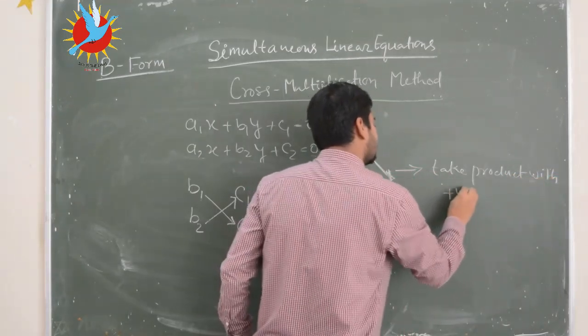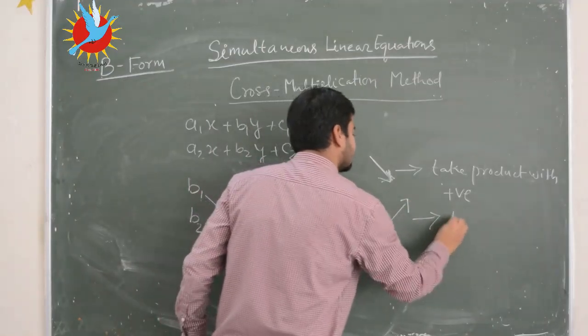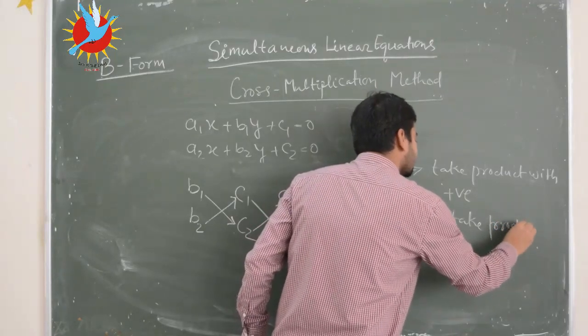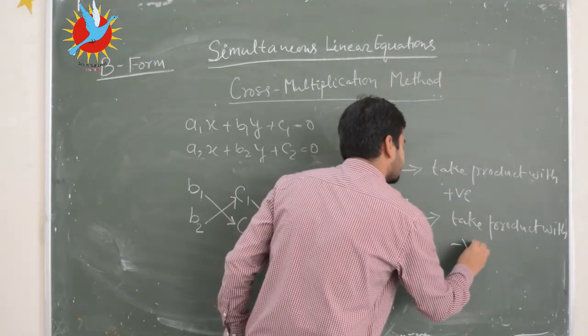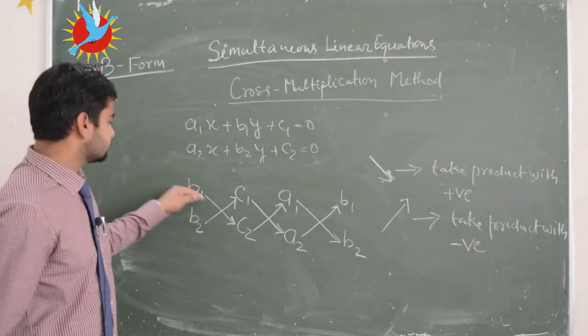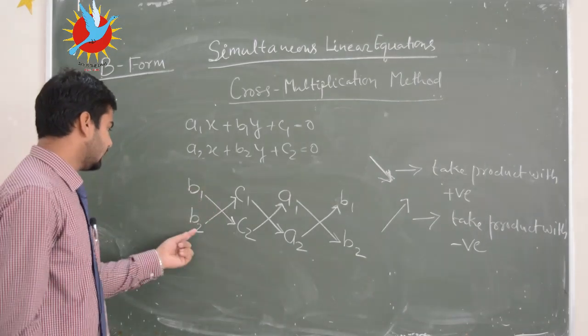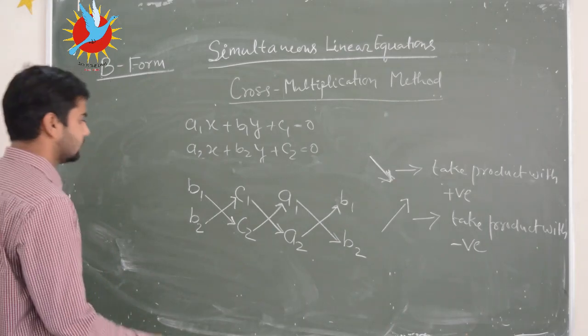The upward arrow shows that we have to take the product with a negative sign. So the downward arrow means the product is positive, and the upward arrow means the product has a negative sign.